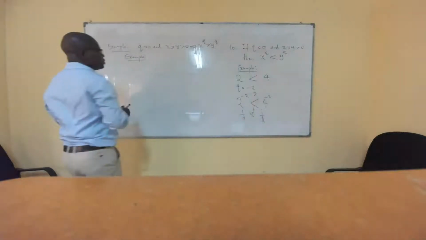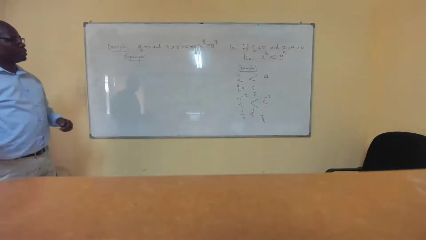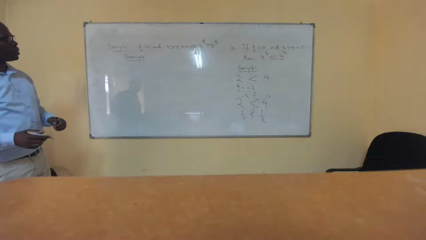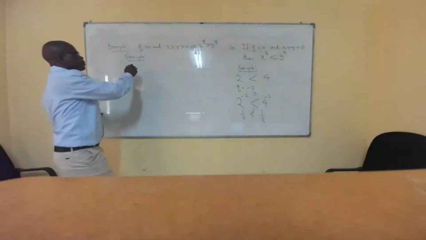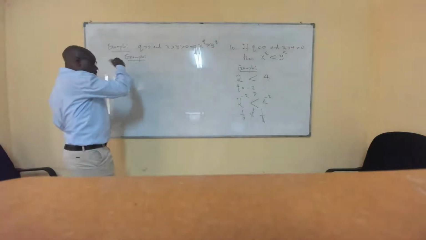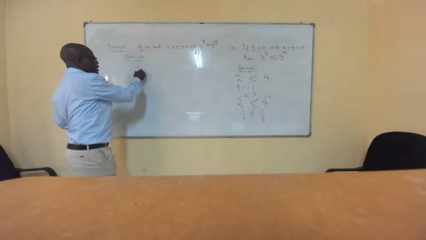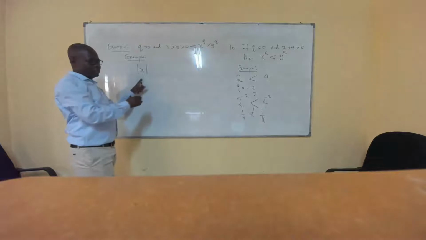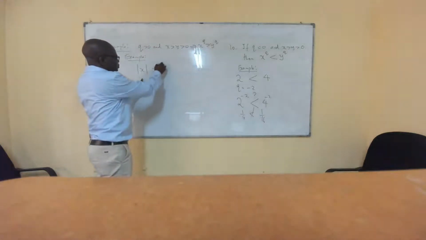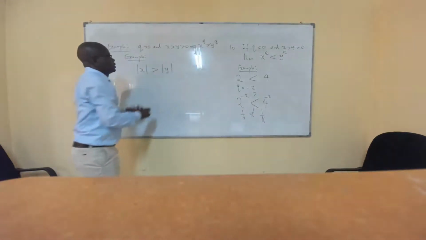An example that you know very well could be this, say you have the absolute value of this, look at this.